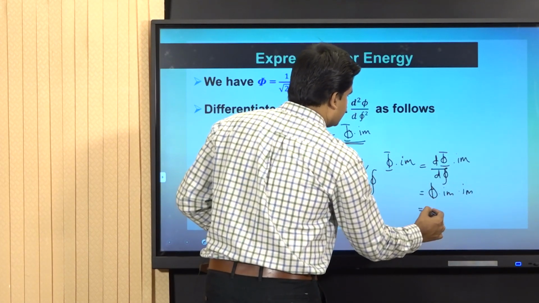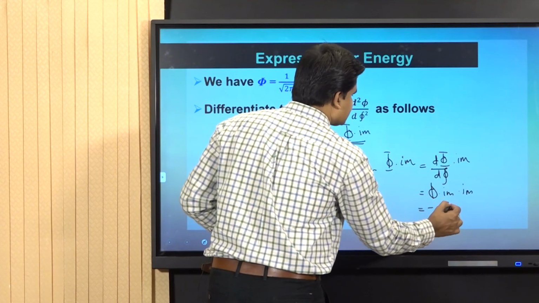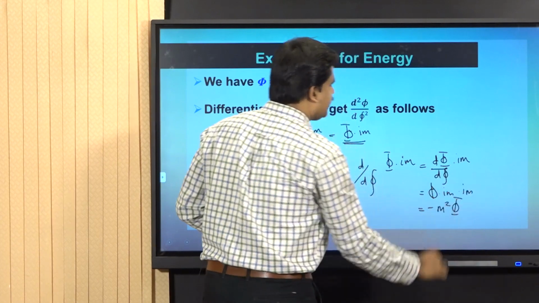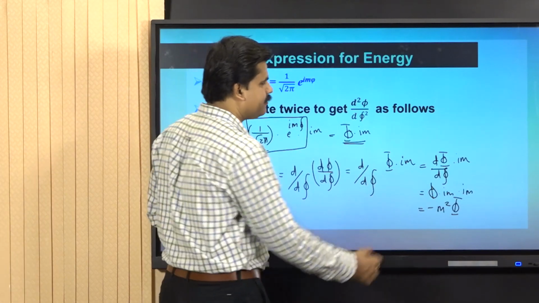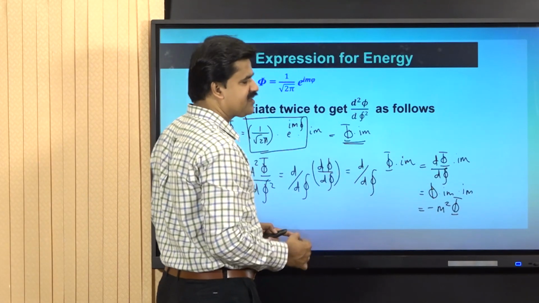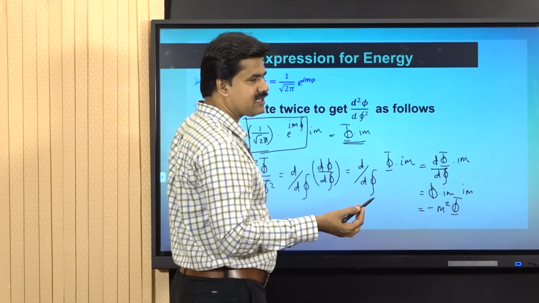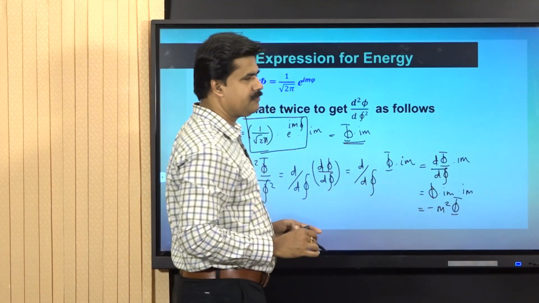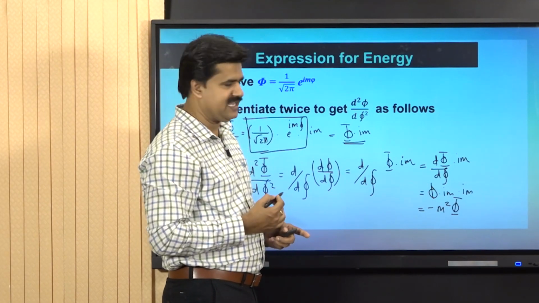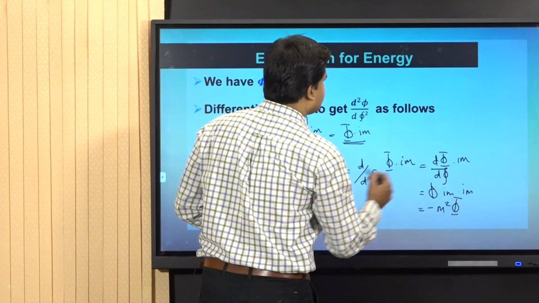That is minus m square capital Phi. This is because im into im is equal to i square m square multiplied with the capital Phi. But i square is equal to minus 1. Therefore, minus m square capital Phi.